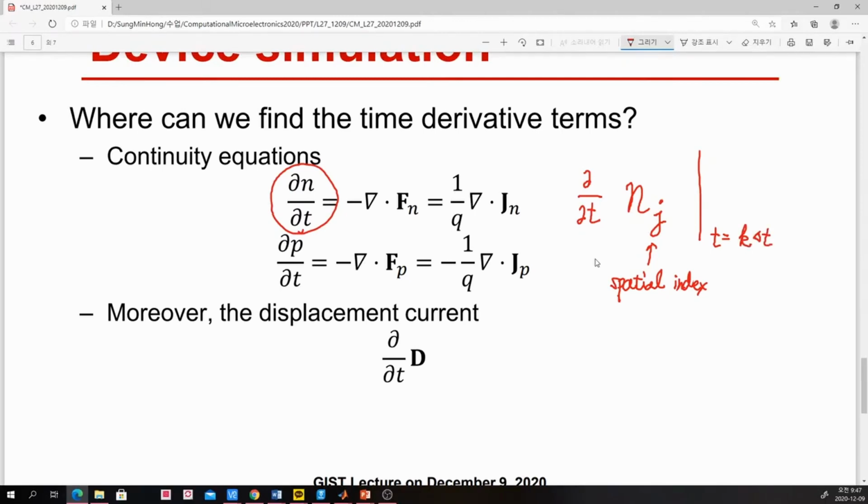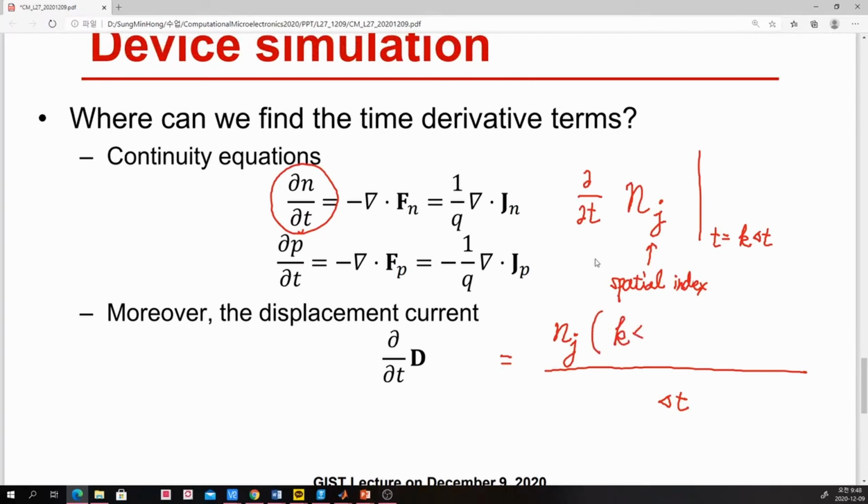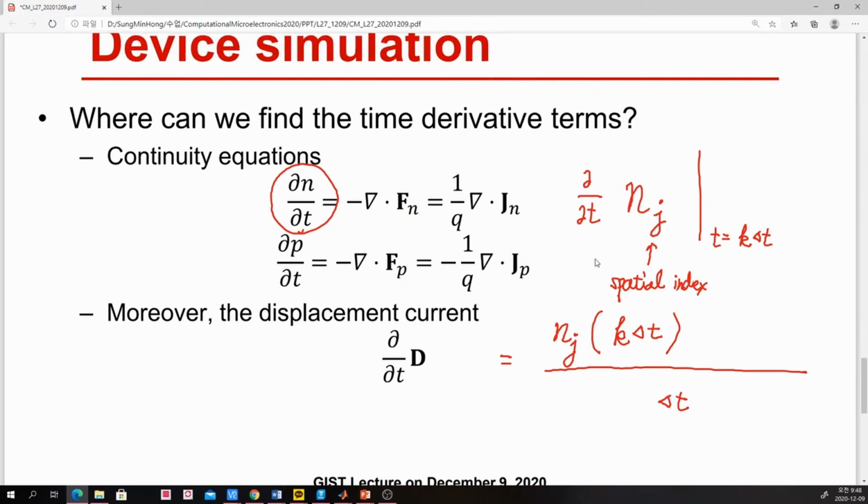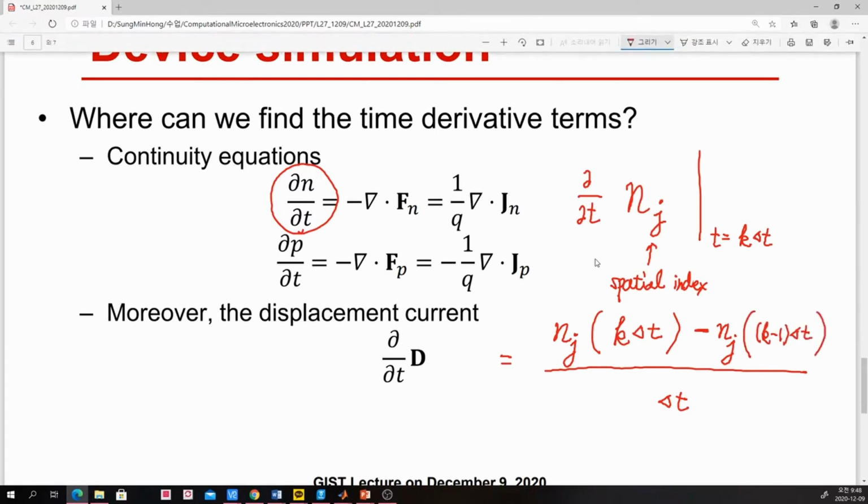Then how can you discretize this term? In this case, you can discretize it with n_j at a given position. You have the present value, which is included in your unknown variables, minus n_j which is calculated at (k minus 1) times delta t.